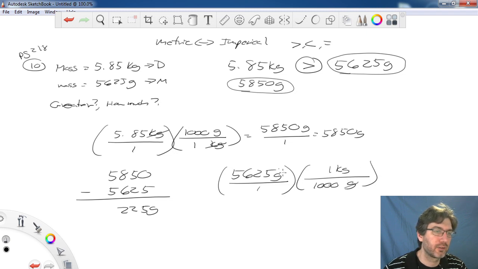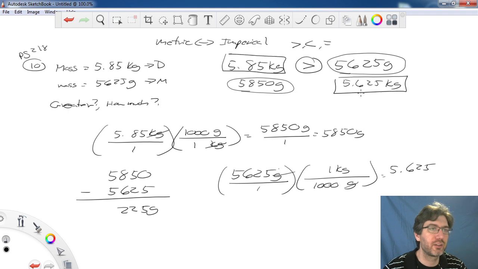That's going to cancel, and this is going to give you 5.625. So 5.625 kilograms, and then you can compare this one with this one. You're still going to get that this one is less, and then when you subtract it, you're just going to get 2.25 as opposed to 225.